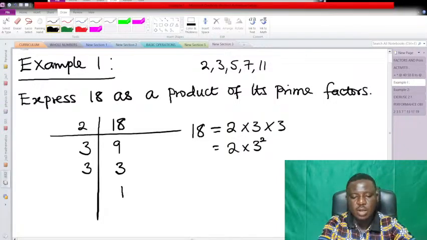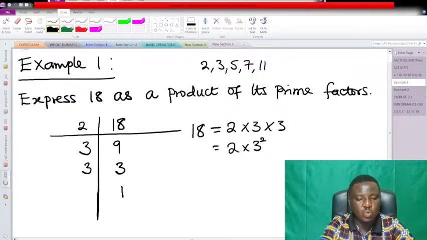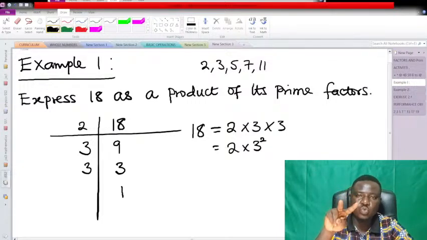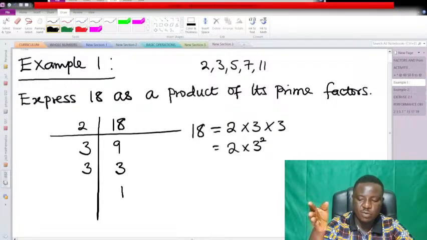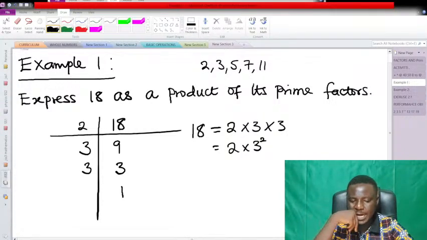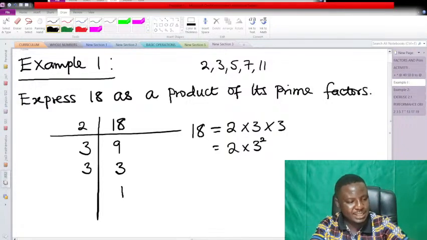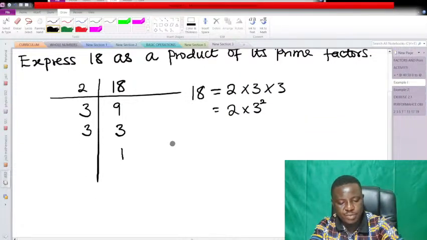Now, I have already discussed what we meant by prime factors. I said prime factors are factors of 18 that are prime, meaning factors of 18 that have only 2 factors, 1 and itself. So ordinarily, you can also state the factors of 18.